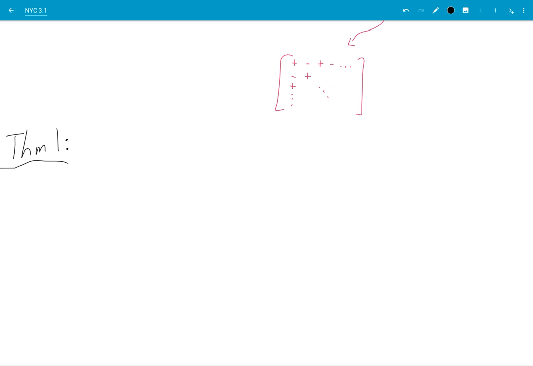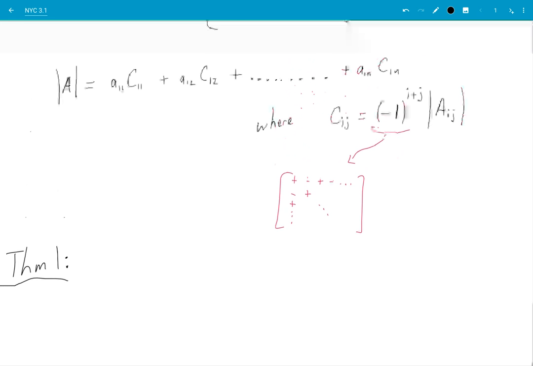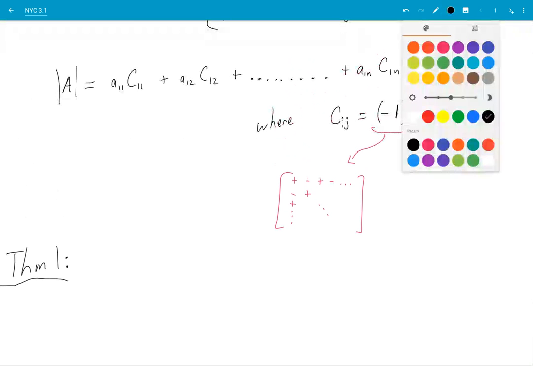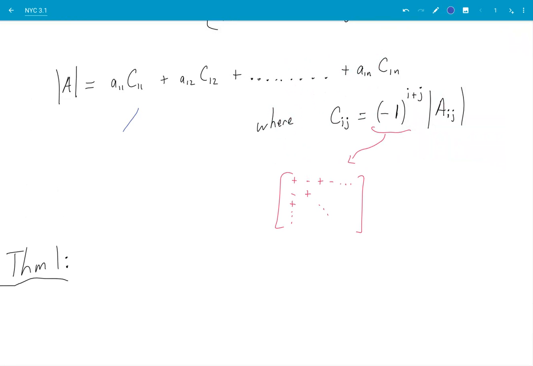Theorem 1 says that, let's back up before I do Theorem 1. Okay, we give a name to this. This is called the cofactor expansion across the first row.